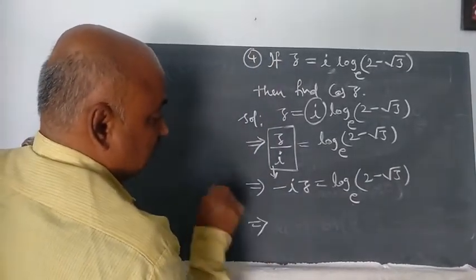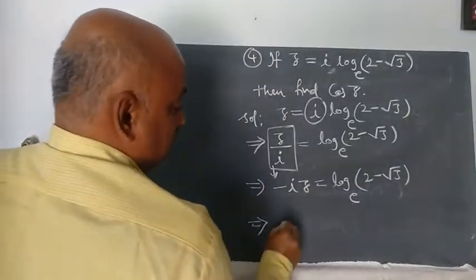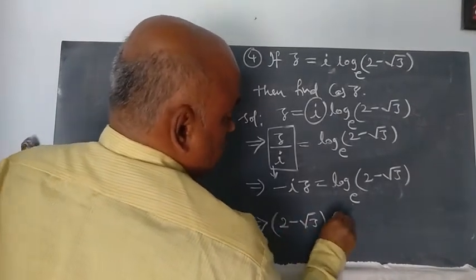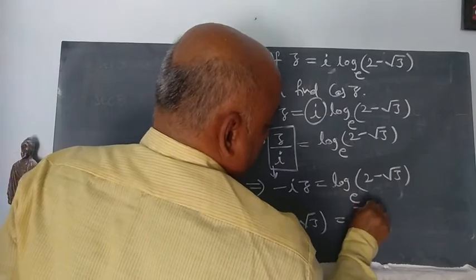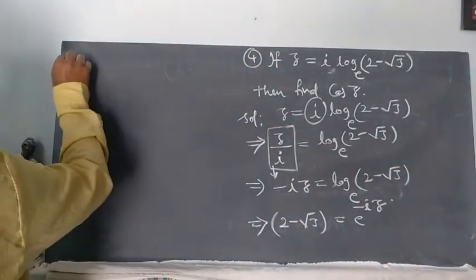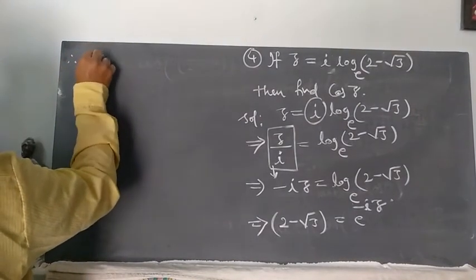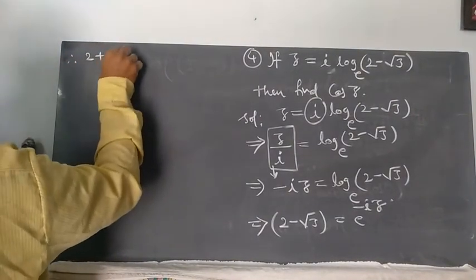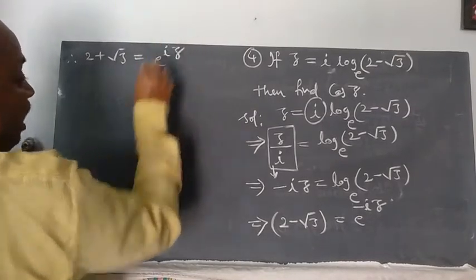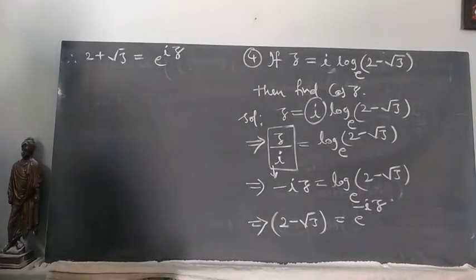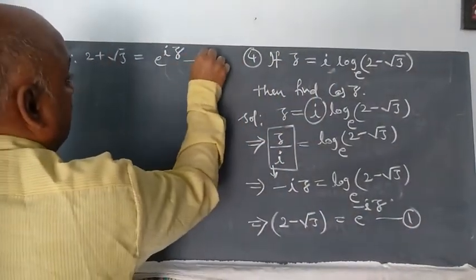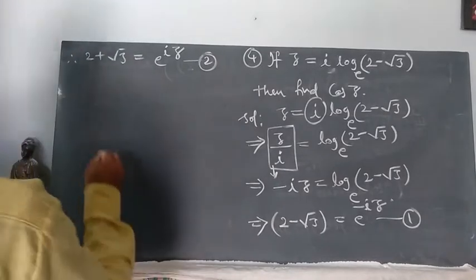This implies 2 minus root 3 is equal to e to the power of minus iz. Therefore 2 plus root 3 is equal to e to the power of iz. So this is the first equation, this is the second equation.